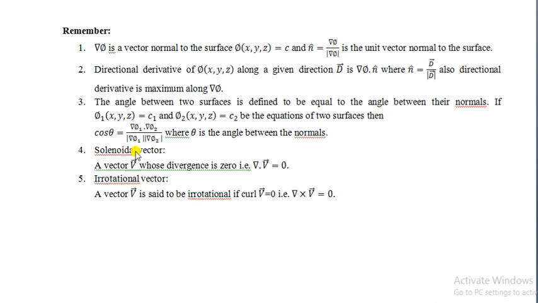So mod of del phi1 means take the square root of the sum of squares of del phi1, and similarly for del phi2.